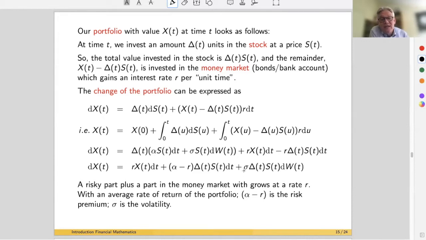Sigma is the volatility, the uncertainty in the stock price. And these portfolio dynamics consist of three parts: a part which is growing with the money market, and a risky part. So we have the dynamics of X.